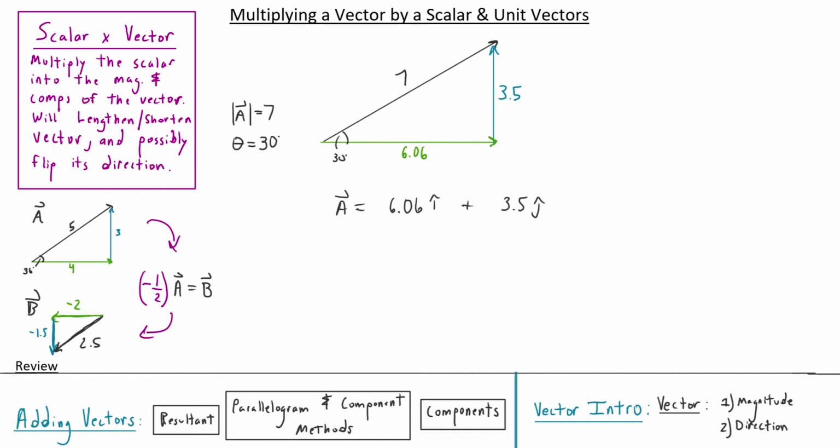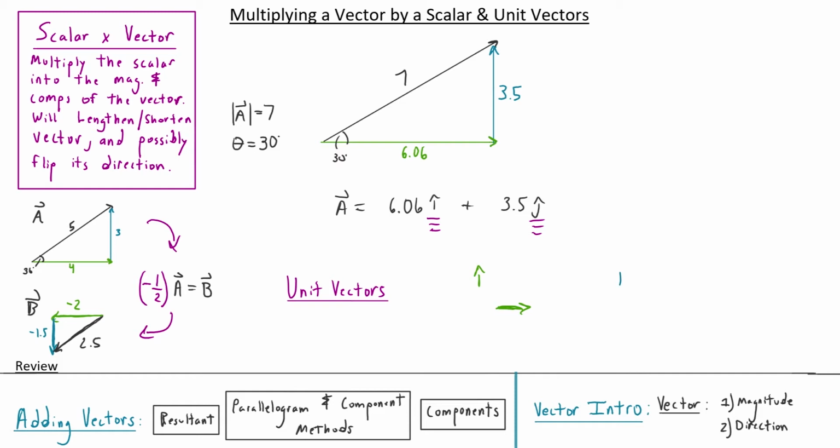So, these symbols here, i hat and j hat, they're known as unit vectors. And all a unit vector is, it's a vector whose length is 1. So this i hat is just a vector in the x direction whose length is 1.